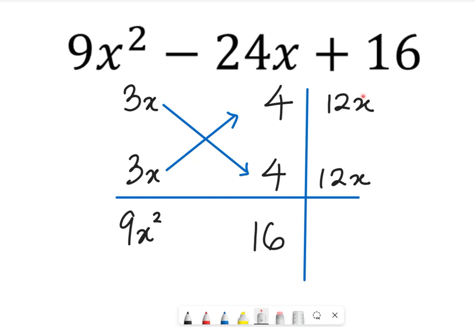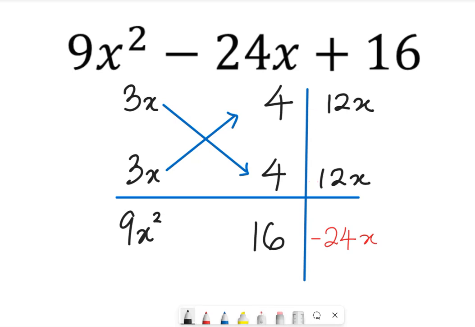Now let's try to figure out what the symbols are. Now ini 12x, ini 12x. So kita nak dapatkan negatif 24x. What we want to get is the middle term, which is negative 24x. In order to get a negative 24, kita perlukan negatif 12 dan negatif 12, betul tak?